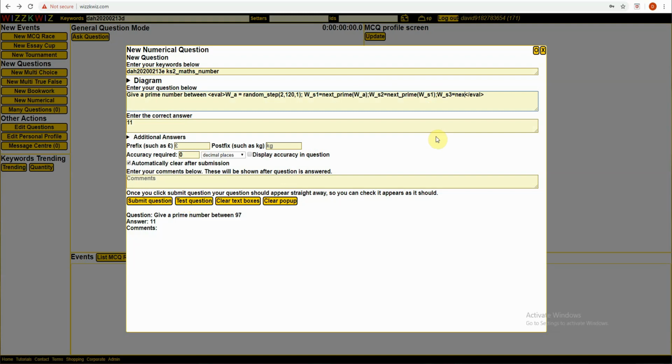WS3 equals next prime WS2. So now, if I think about it, the answer now is WS2. And the question is give me the next prime number between WS1 plus 1 and WS3 minus 1.